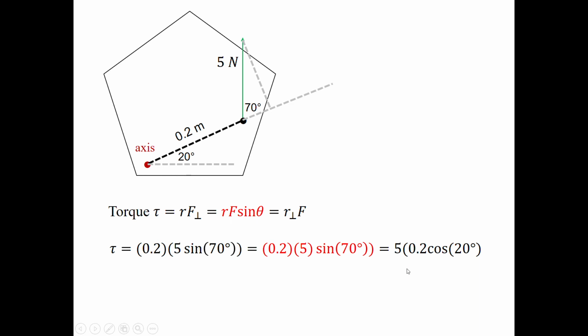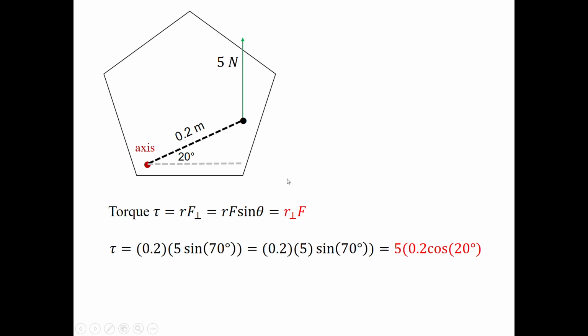And third, if I use the moment arm, r perpendicular, times the strength of the force, the moment arm is given by, if I draw the line that contains the force vector, what's this perpendicular distance over to that line? And so if I draw that right triangle in, that would be 0.2 meters times the cosine of 20 degrees. That would be that r perpendicular right there.